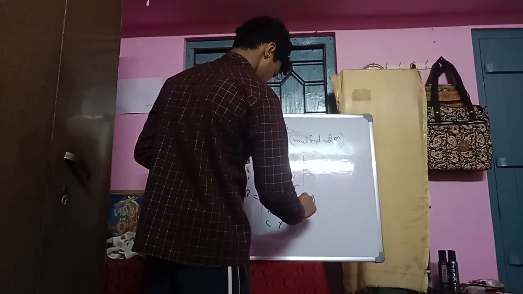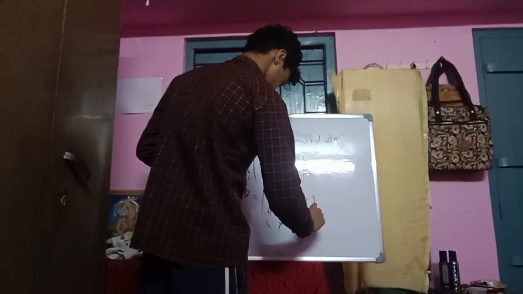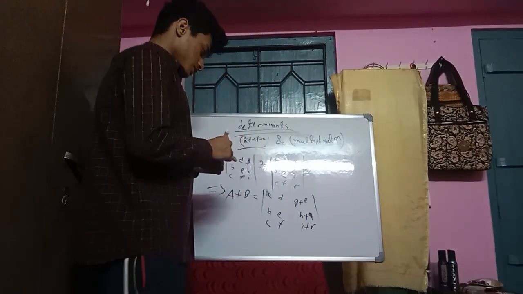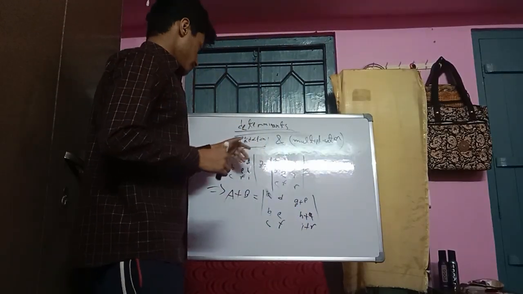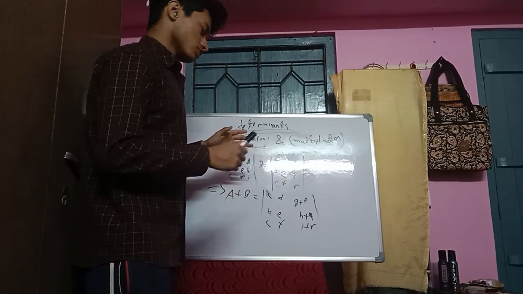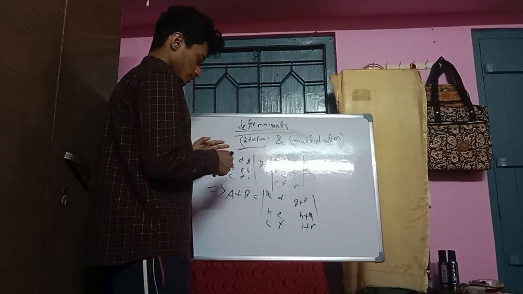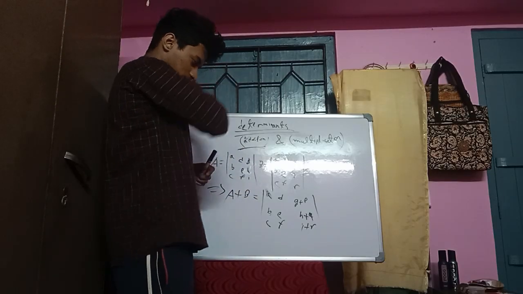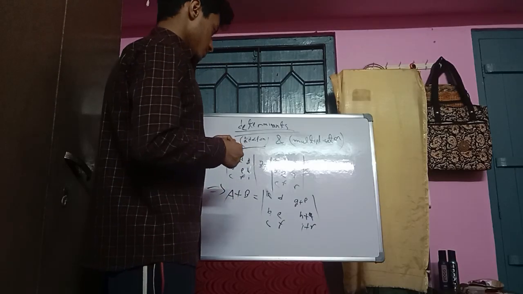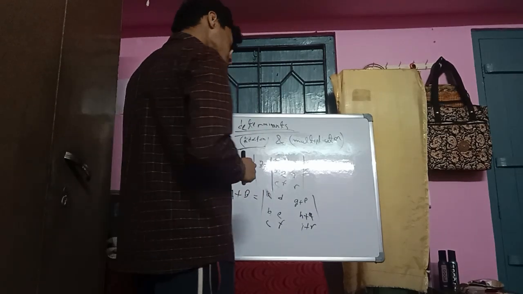So it would be G plus P, H plus Q, and I plus R. Okay? If the second and third columns were common, then just those two would have stayed the same. If any two rows were in common, then those two would have stayed the same, and the row that was not in common would have added up in both those determinants. Okay.